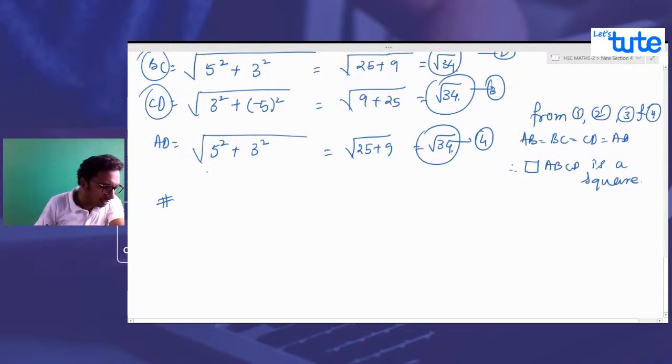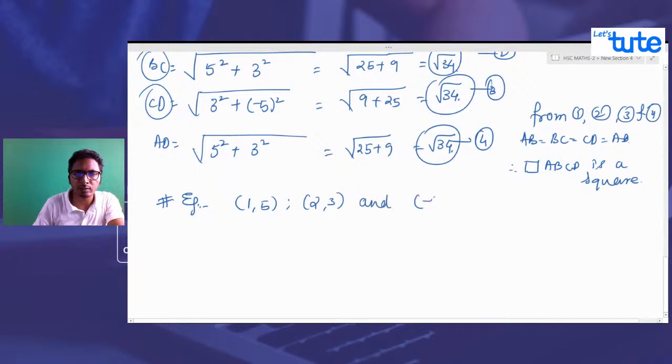we are given 3 points. The example points are (1, 5), (2, 3), and (-2, -11), and we have to check if they are collinear.